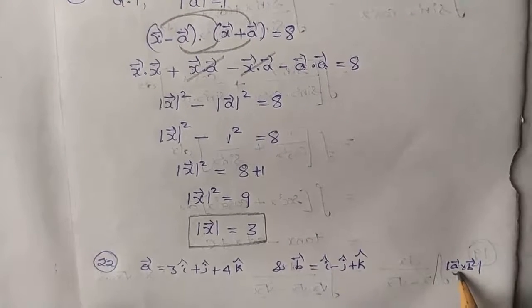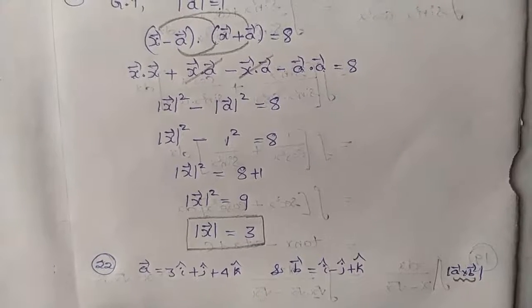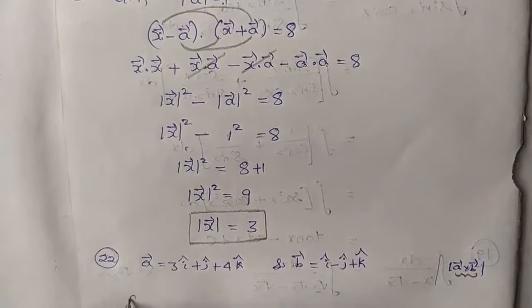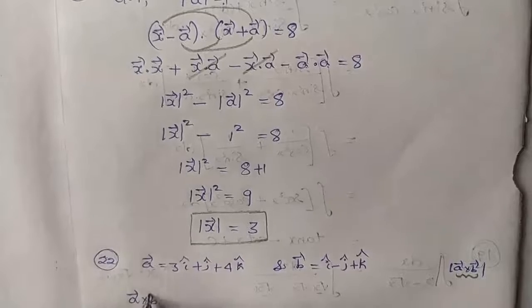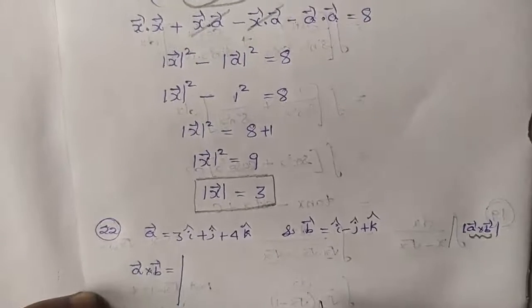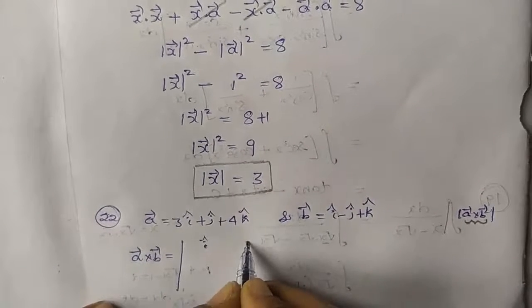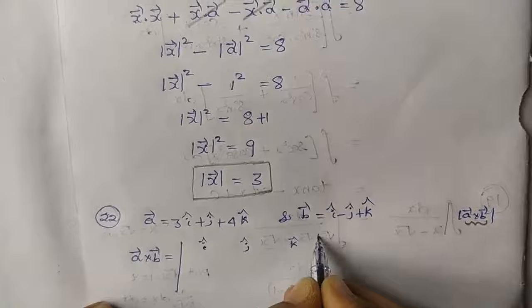First, we have to find a cross b. We need to apply the cross product. Find out a cross b equals the determinant of. How to find the cross product of two vectors? By using the determinant. Write i, j, k.